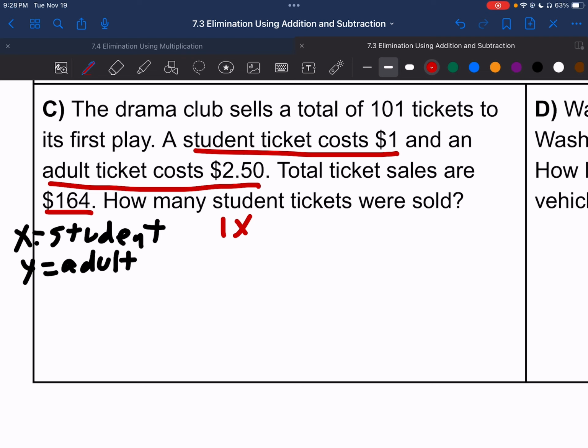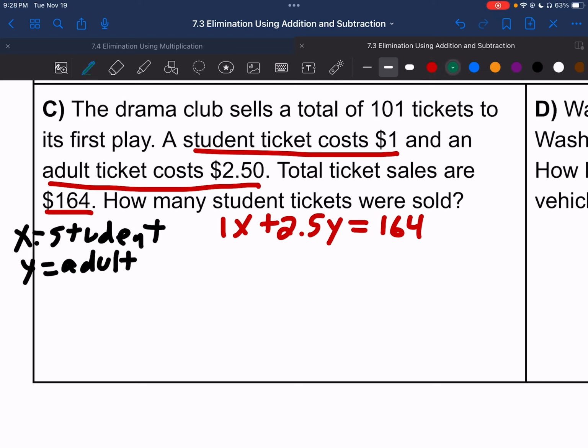An adult ticket is $2.50, so plus 2.5y. The total ticket sales are 164. Notice how the units on that one, all three sections of it include dollars, right? That's maintaining our unit. That's that unit analysis that we did way back in chapters 1 and 2, focusing on the units that we're using and helping that guide our equation writing.